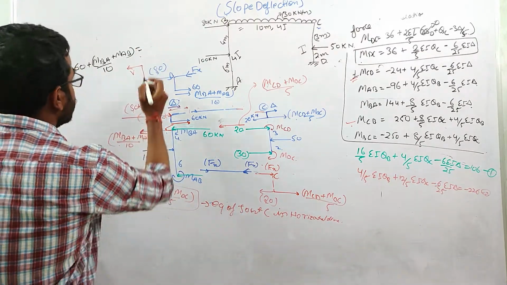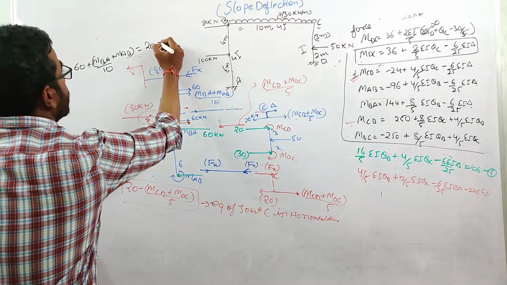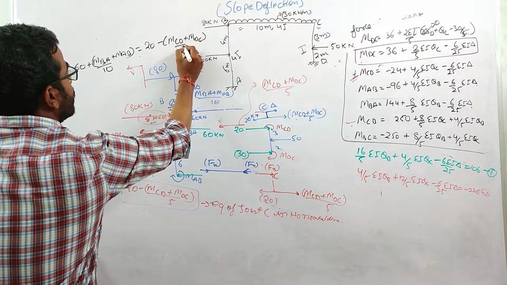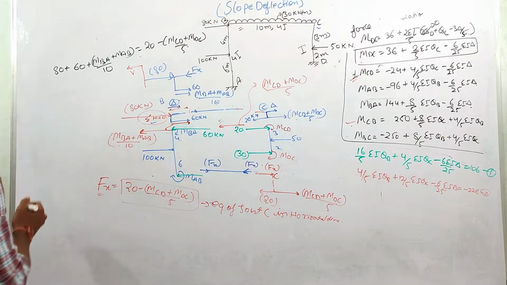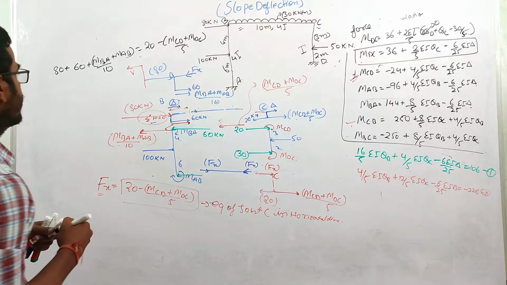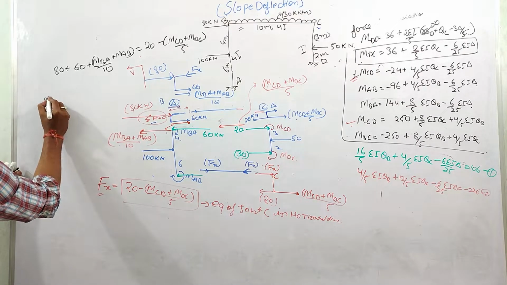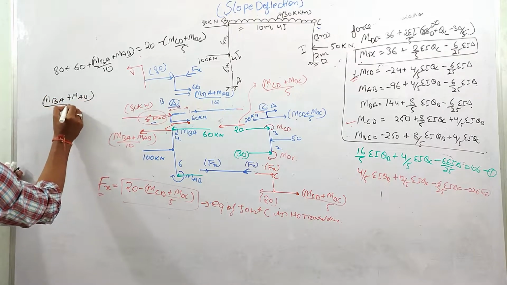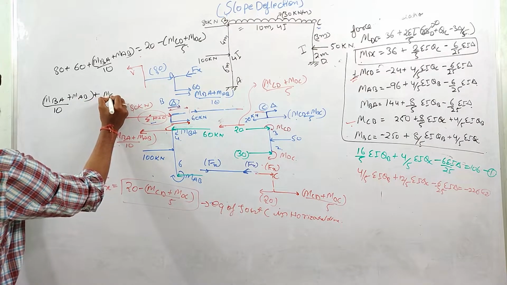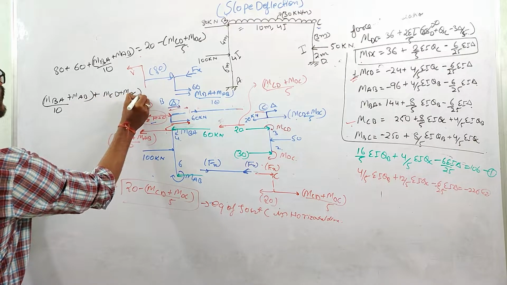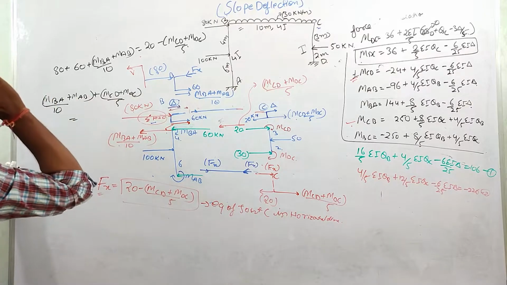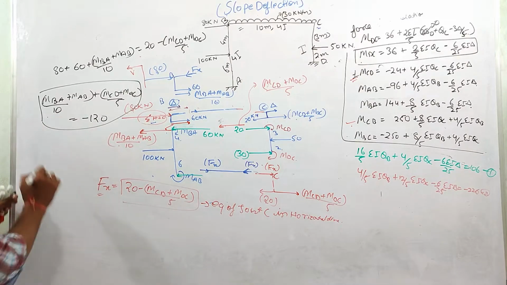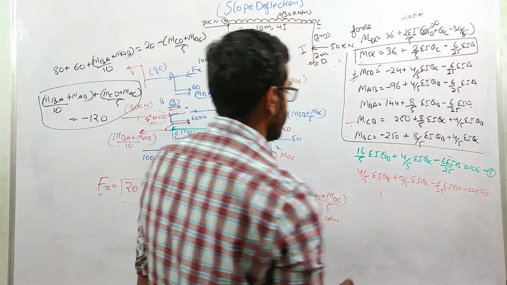Fx is nothing but 20 minus MCD plus MDC over 5. So if you solve this, you will get MBA plus MAB over 10 plus MCD plus MDC over 5 equals minus 120, right? So this is our equation number 3.